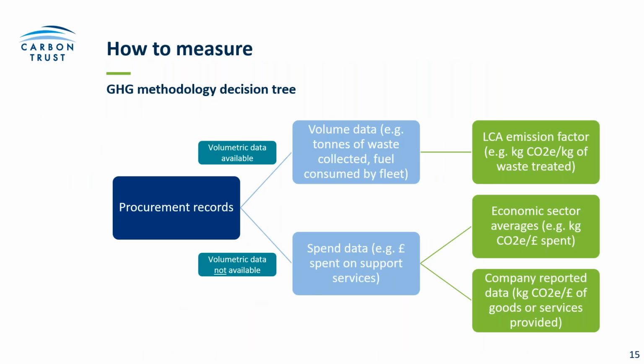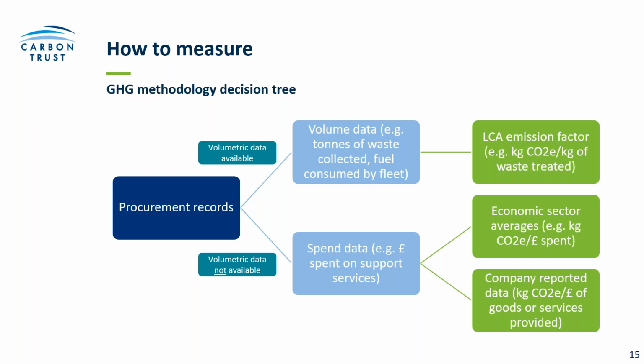Determining which approach to use is dependent on several factors. And these may include how much time you have, how much budget, resource, and effort you have, your familiarity with Scope 3 reporting, and most importantly, what data is available to you.